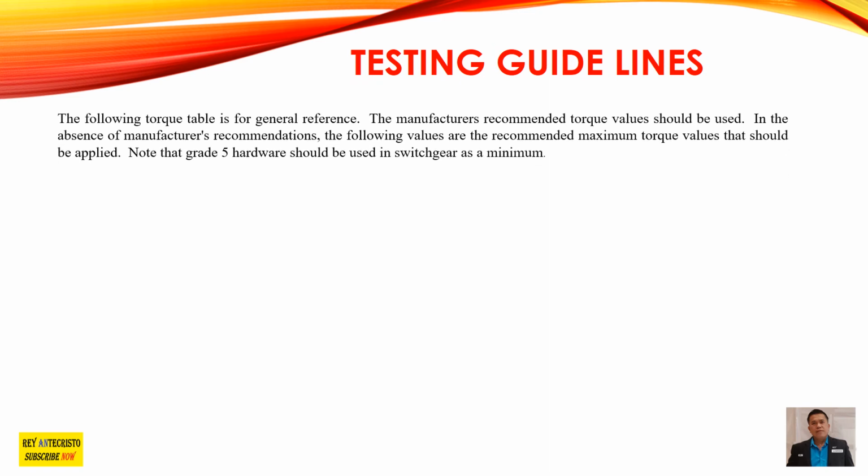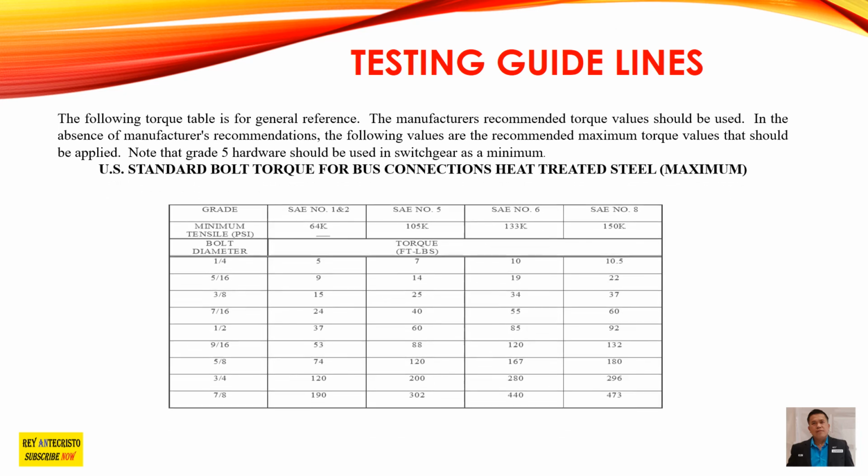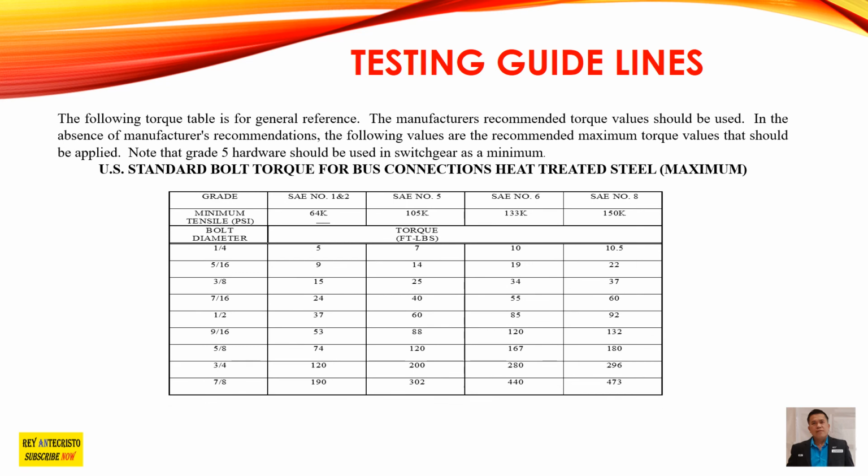So, the following torque values are for general reference. The manufacturer recommendation torque values should be used. So, let's say kung magto-torquing ka, usually kung nasa inspection, construction, meron sinasabi, as per, ano ba yan, kung ano yan, 10 mm ba, 12 mm ba, 5/16, so this is the equivalent torque value niya.